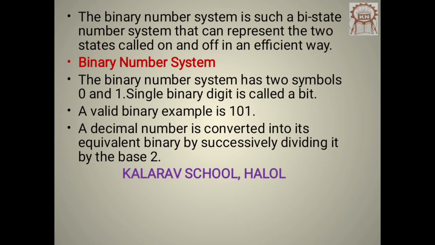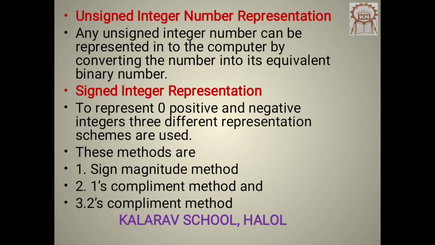A decimal number is converted into its equal binary by successively dividing it by the base 2. Since the binary number system uses only two symbols, 102 is not a correct binary number. However, it is a correct decimal number.